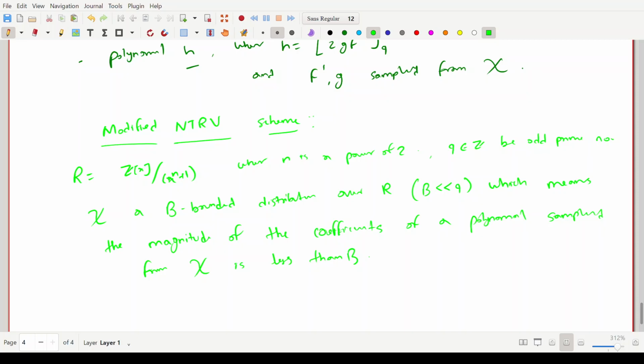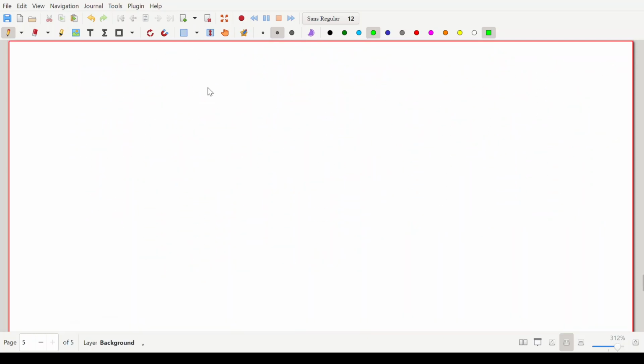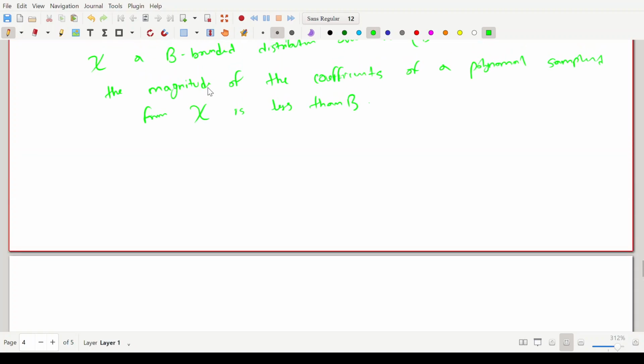Now let us see the key generation, encryption, and decryption. Key generation: sample f' and g from chi and set f equal to 2f' plus 1.